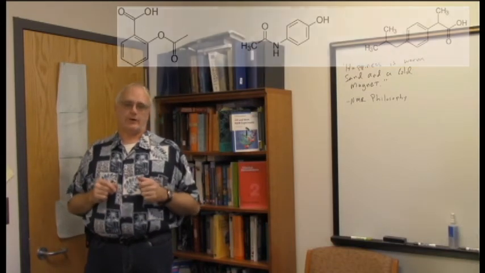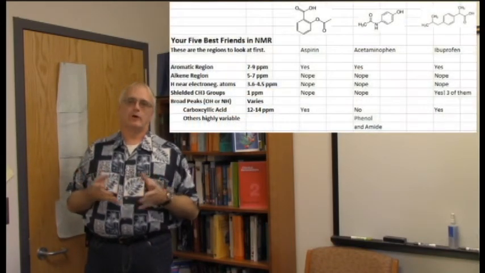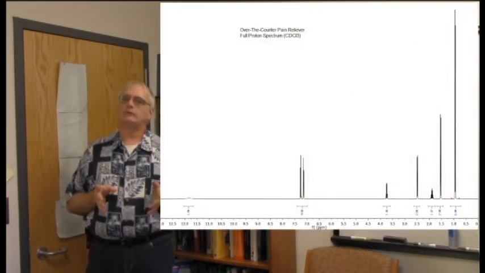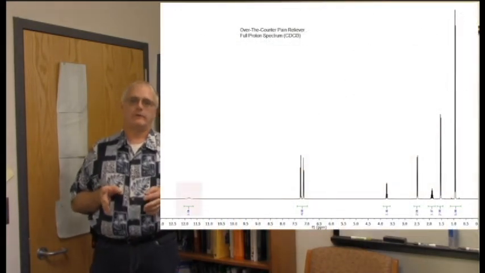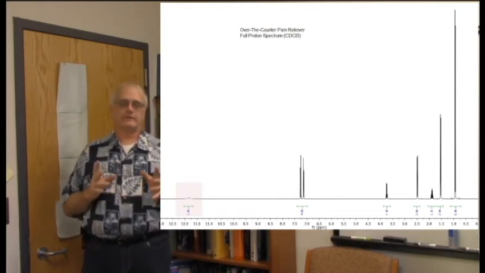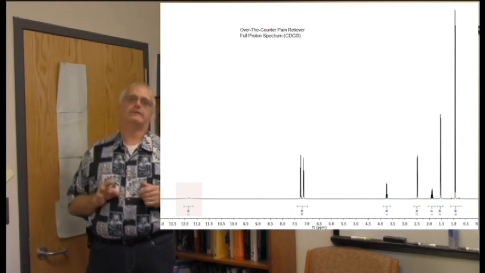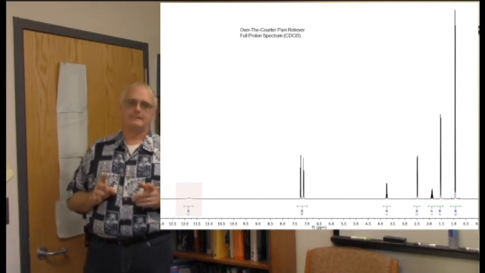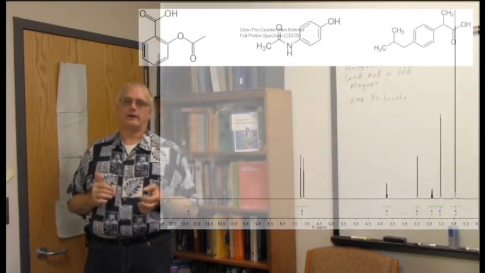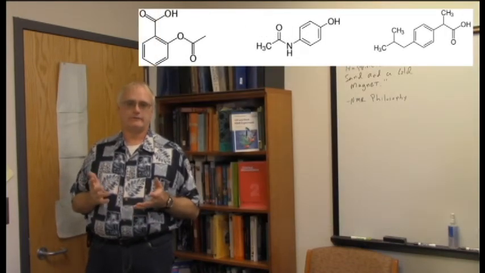We look at our 5th best friend, however, the broad peaks, and we do see one. There is actually one out here at 12 ppm in this sample, which is consistent with ibuprofen. This is where a carboxylic acid would show up. It is such a broad peak, it's almost a little bit hard to see in the baseline sometimes. Now, we look at the structures of the other 2, and they both have hydrogens on an oxygen.